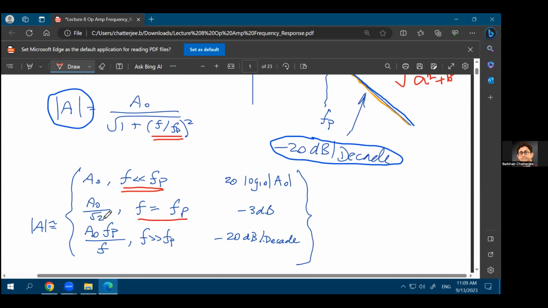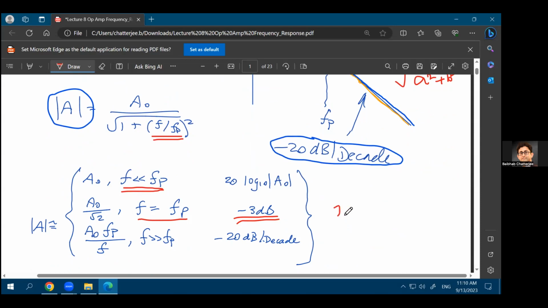If you convert this to decibel, this is a minus 3 dB point. Just like we converted 1 upon 10 in decibel and got minus 20, if you convert 1 upon square root of 2 in decibel, just do it in your calculator when you go home, you'll see that it is minus 3 dB in decibel scale.